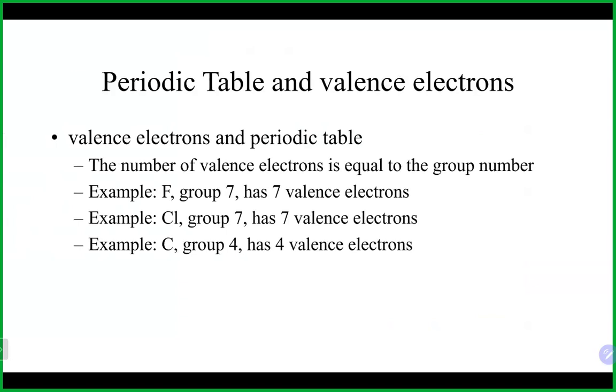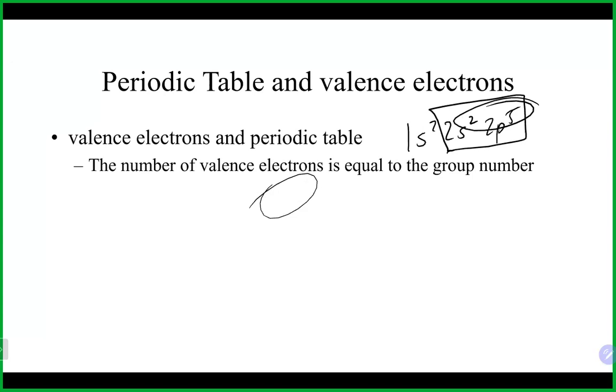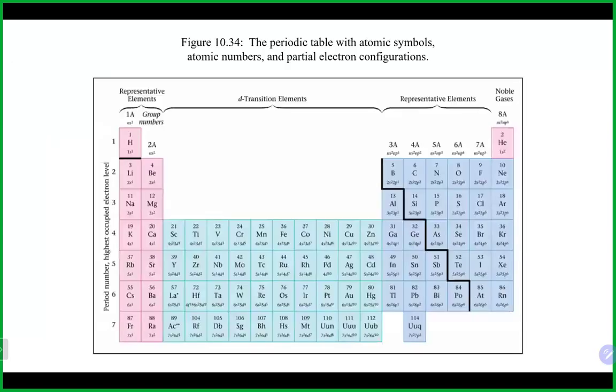Fluorine has 7, and if we did fluorine's electron configuration, there are the 7 valence electrons in the second energy level orbitals. So the number of valence electrons equaling the group number is really the easiest way to do it, although a lot of times you don't really need valence electrons for transition metals.